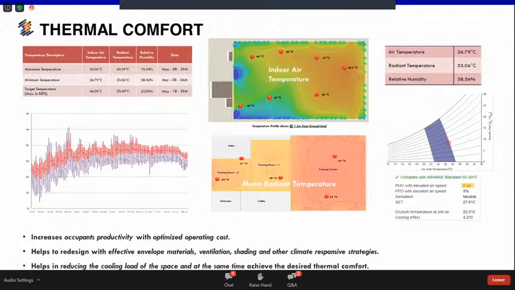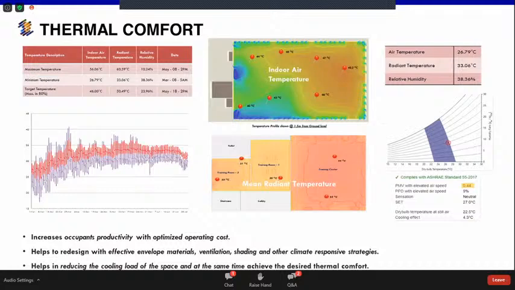The parameters are the air temperature, the radiant temperature, the humidity of the space, and the air velocity of the space. Then there are two personal parameters: the metabolic activity done by the occupant and the clothing insulation which the occupant is wearing.